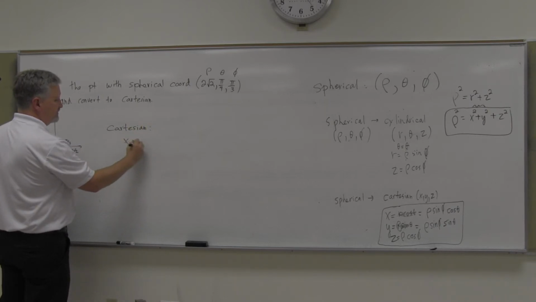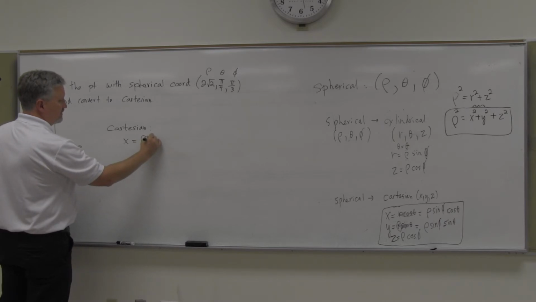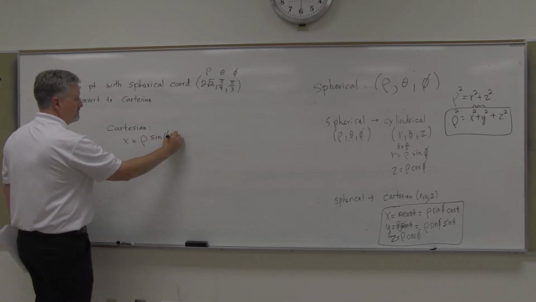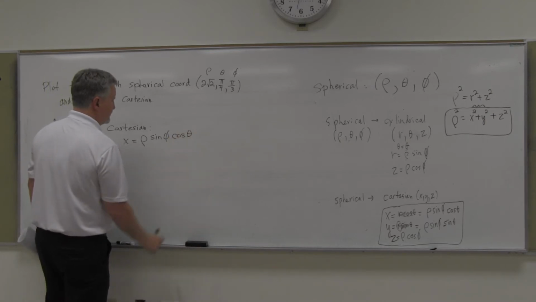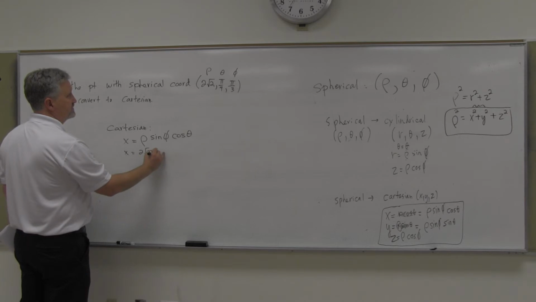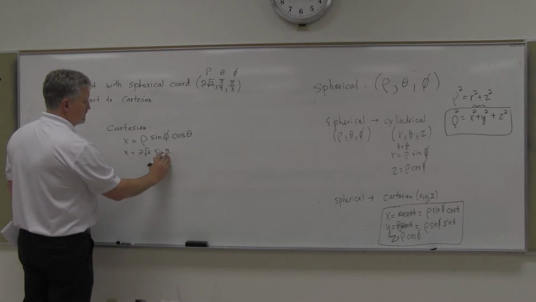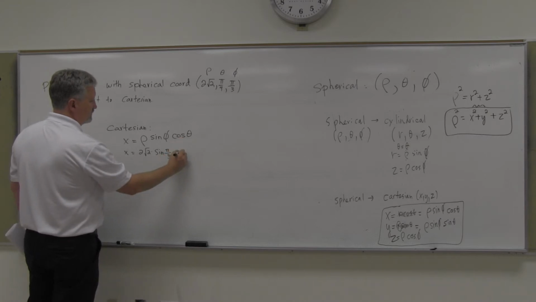Well, x, we just said, is rho times sine of phi times cosine of theta. So x here would be 2 square root of 2 times sine of pi over 3 times cosine of pi over 4.